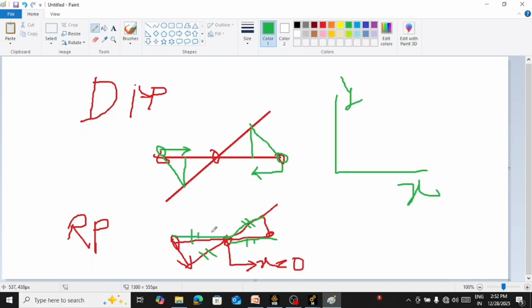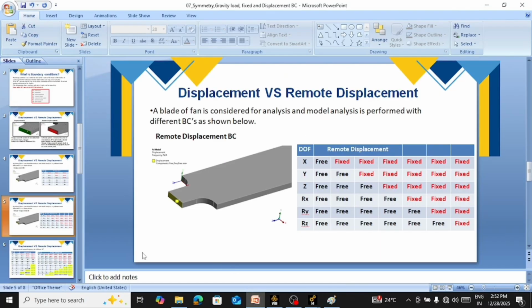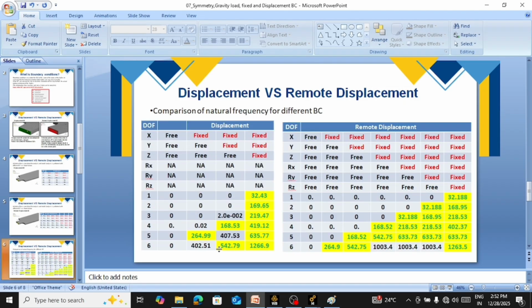So in the case of the remote point, we observe that we don't have more than one non-zero value. If you are fixing only one degree of freedom, we get only one non-zero value. Similarly, we fixed all the other degrees of freedom, and I have done these calculations myself.